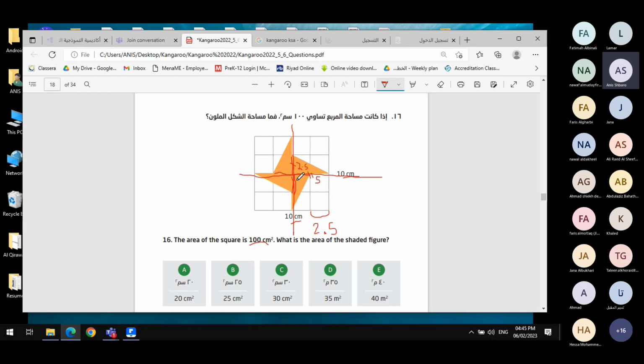So 5 times 2.5 is, you can use mental math and say 2.5 times 4 is 10, times 5, as if I'm adding 2.5 to the 10, is 12.5. And the area is this side times this side over 2. So I'm going to divide it by 2. So 12.5 divided by 2 is what?